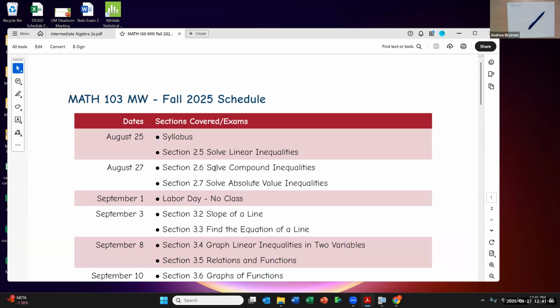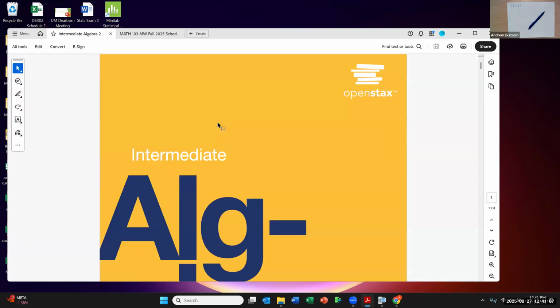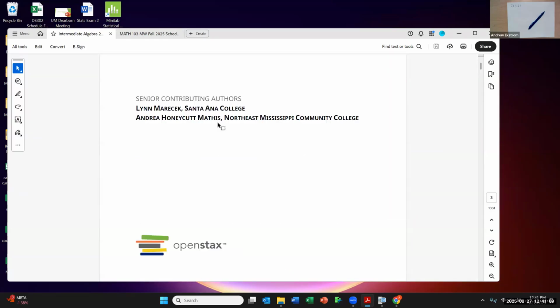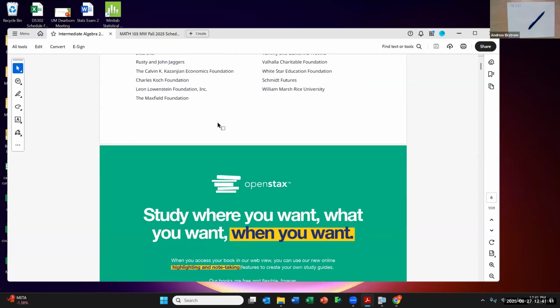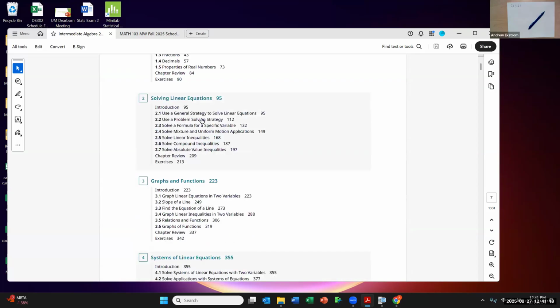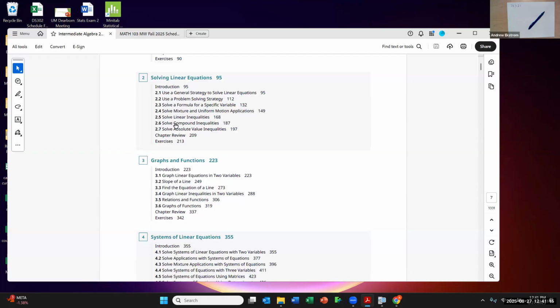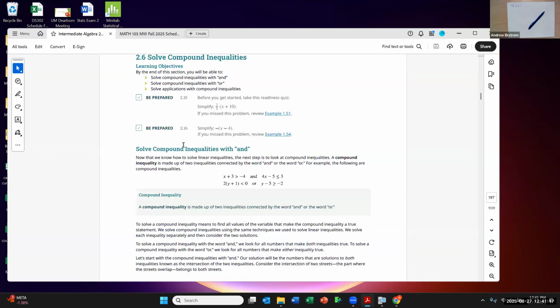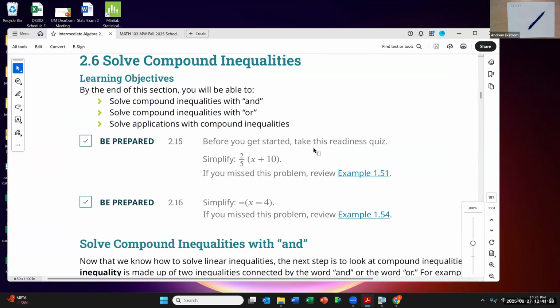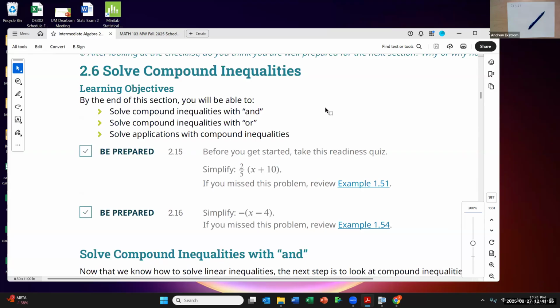So anyway, we get to cover 2.6 and 2.7 today. And this is always part of the fun stuff. So if we go to 2.6, we're going to be dealing with what they're calling compound inequalities.